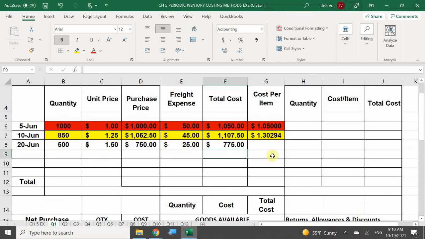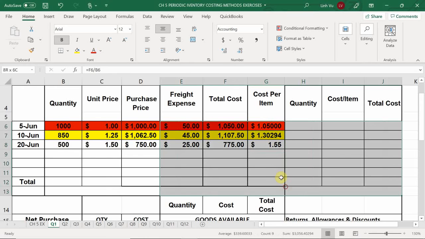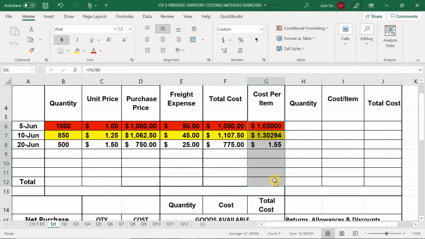Now in this case, what is my total purchase price? Cost per item here. Okay, so in this case, we're just assuming that as we go through the day, this is what it is. So what is my cost per item? $1.55. $1.55 even, okay?